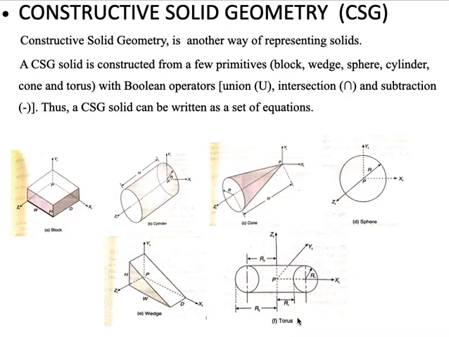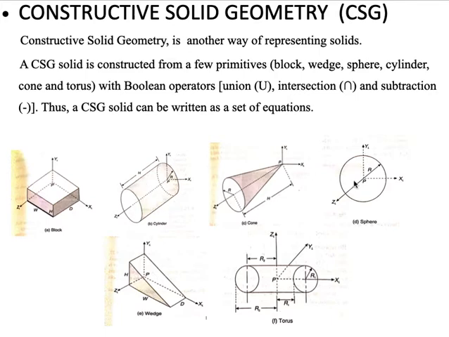If you see block, this can be a cube whose geometry is defined by its width, height, and depth. And the cylinder is a right circular cylinder whose geometry is defined by its radius r and length h.